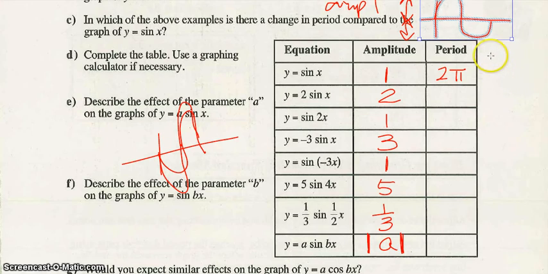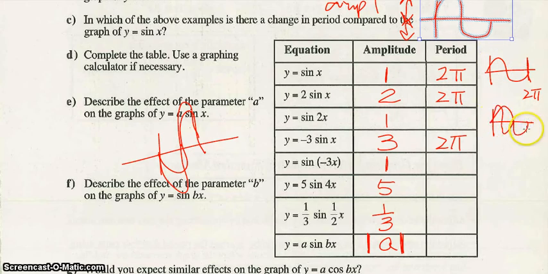The period is how often a graph repeats. If there's no B, it stays the same, so for all the ones that don't have B, I would just write 2 pi. If you have a 2, it's being compressed, compressed by half.